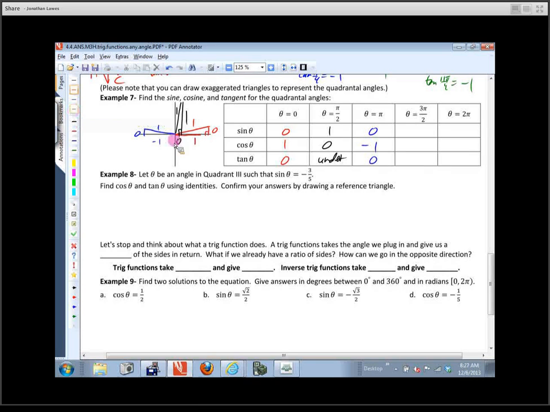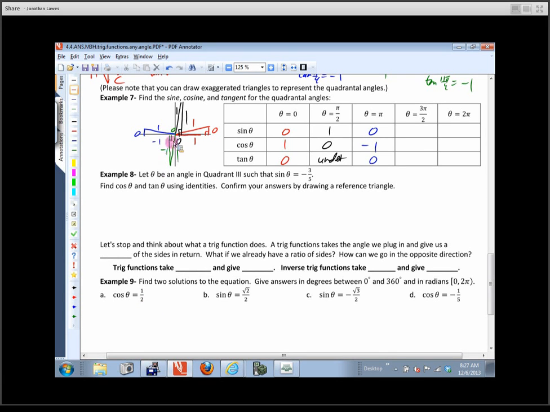Okay? And the last one, I'll exaggerate it over on this side. Remember, it's tempting to draw a line over here and just make a triangle like that. It's always with the x-axis. The hypotenuse would be 1. Draw that so you can see it. This would be 0 because we wouldn't have gone right or left. The adjacent side or the x-coordinate would be 0. And what would I give to this side right here? Negative 1. Okay?